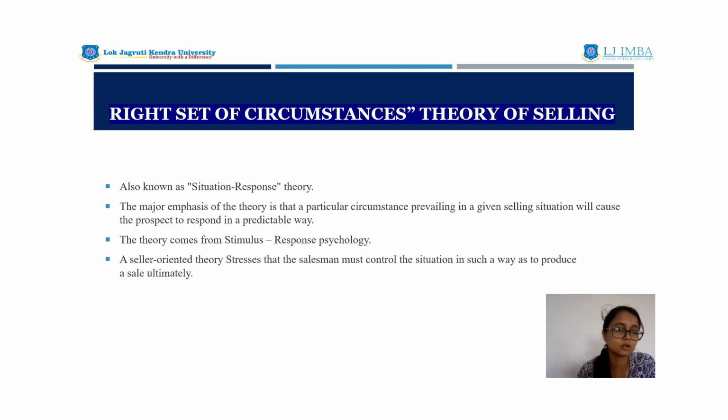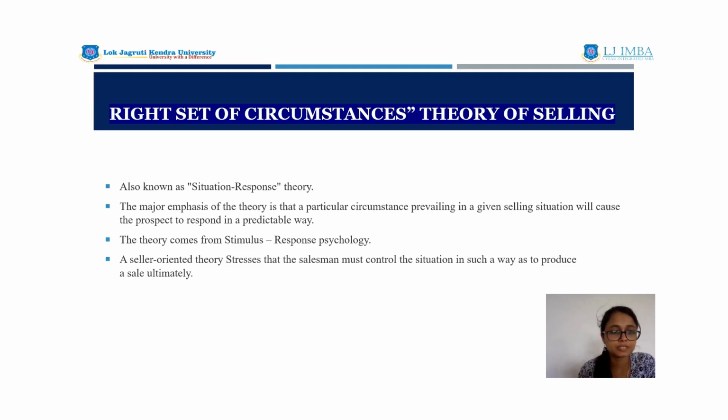This theory is also known as situation response theory. It basically suggests that a successful sale happens not just because of the salesperson's efforts, but due to a particular set of circumstances that are favorable for the buyers to respond positively.